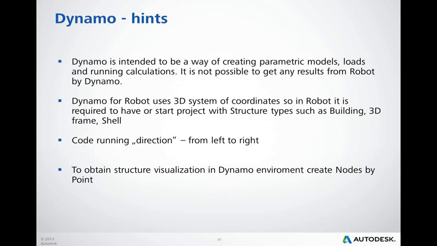Code running direction in the Dynamo is from left to right, so we have to properly place our items in the Dynamo environment to make it run from left to right. To obtain structure visualization in Dynamo environment, create nodes by points, not by coordinates.